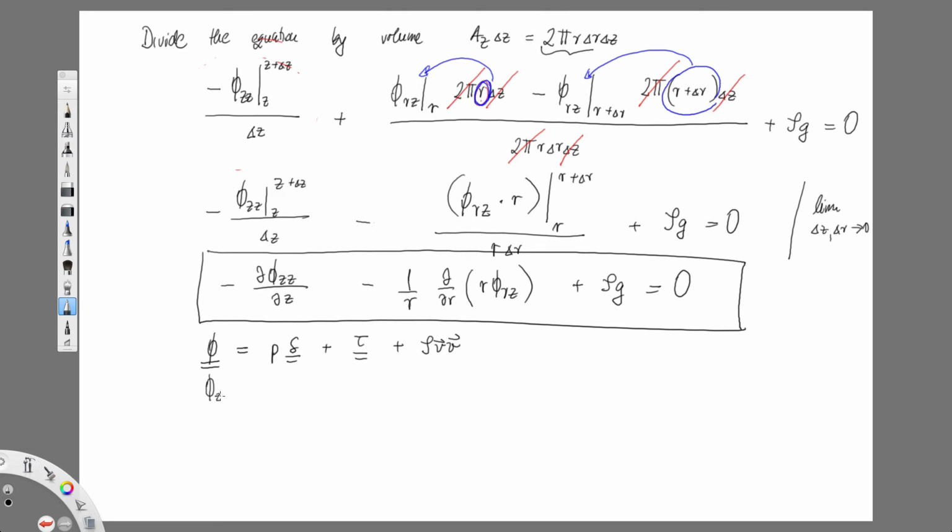So what is my phi zz? P plus tau zz plus rho vz squared. And my phi rz, I don't have pressure, plus rho vz vr, and I assume that vr is 0. So that is tau rz.